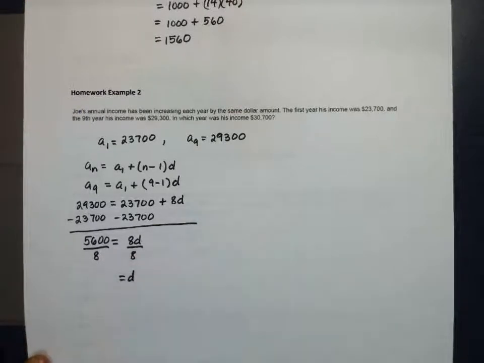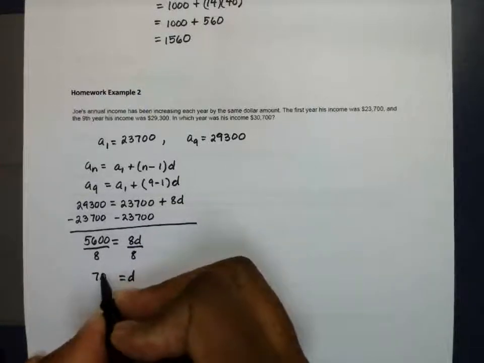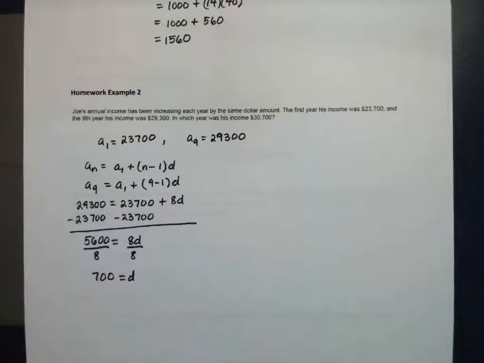So here d will be equal to, of course, $700. So the common difference is $700, and what that means here is his annual income has increased by $700 each year.